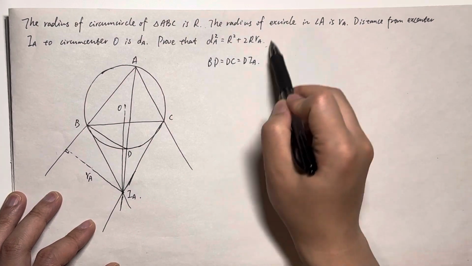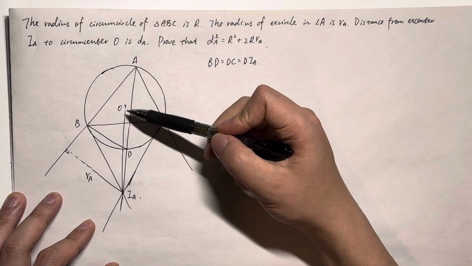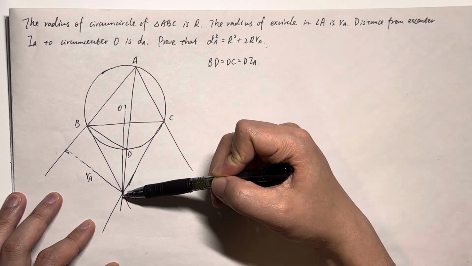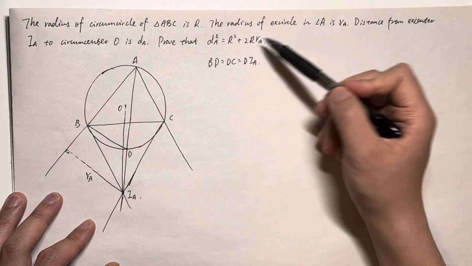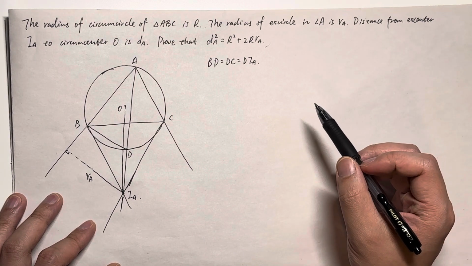And if you look at the target equation, we want to find dA squared, which is OIA squared, equal to something. So it reminds us of the Stewart theorem.